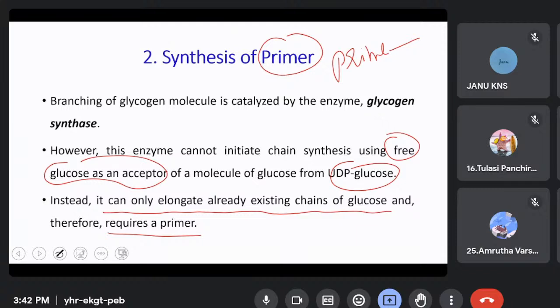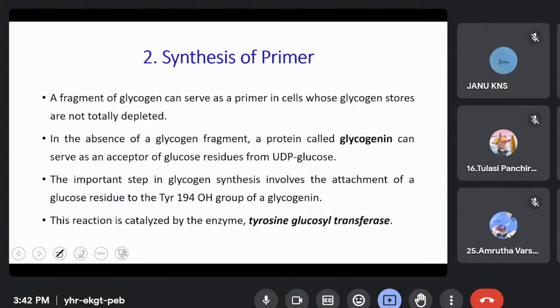Here also, a small sequence of glucose residues is required, to which this enzyme adds the other glucose residues, so that elongation of the glycogen chain takes place. So this small chain is called a primer. This has to be synthesized first before glycogen synthesis takes place.